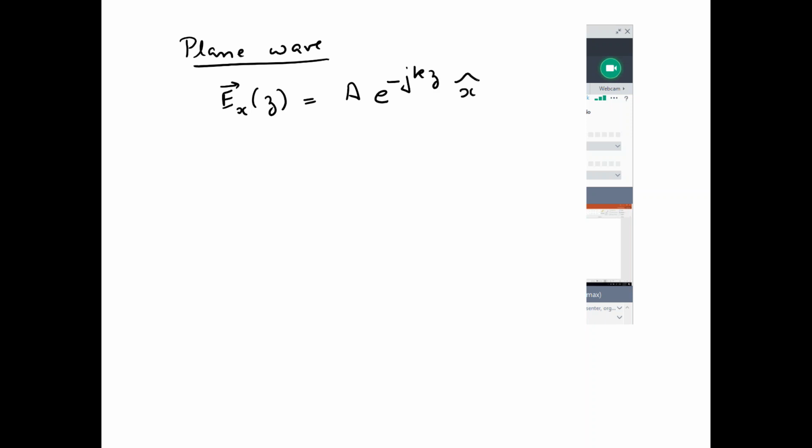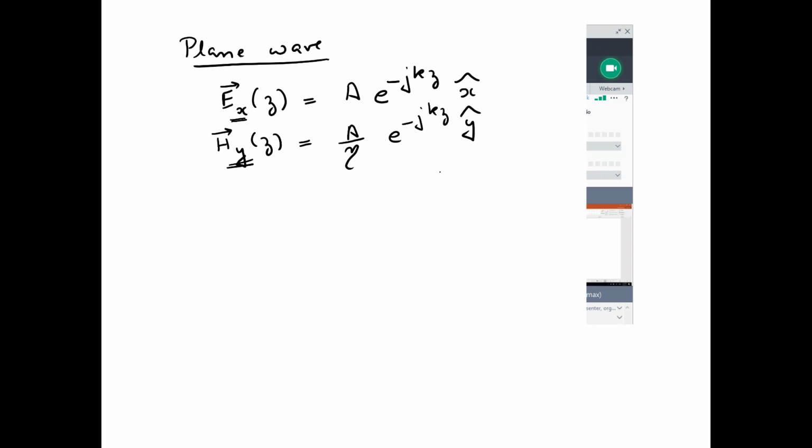But because this is a vector, it pointed in X. As soon as we had said that, the H automatically got determined, and if the electric field was in X direction, H had to be in Y direction, and the H was given by E over eta, e^(-jkz), in the Y direction.